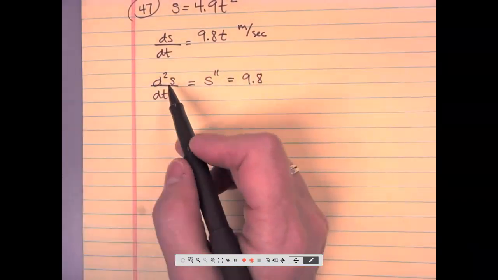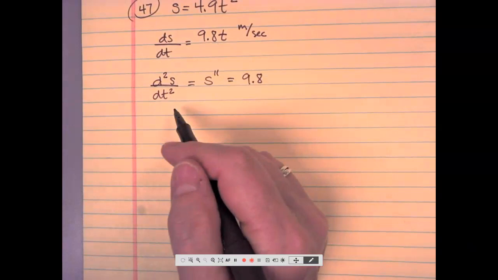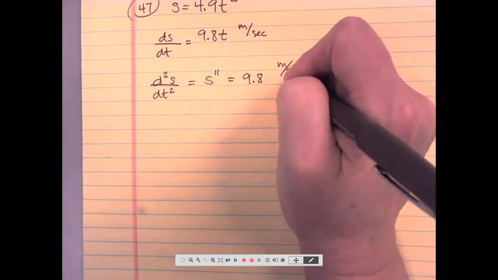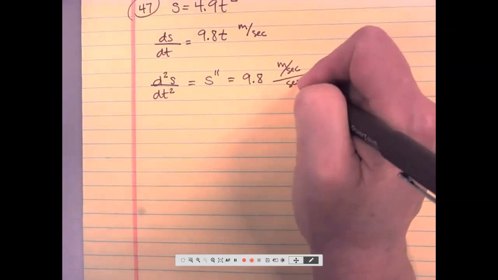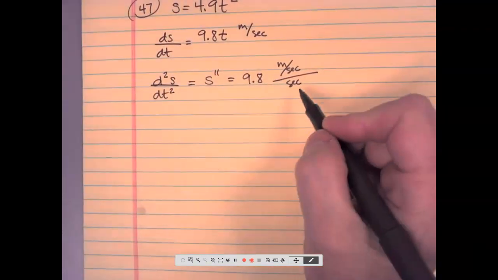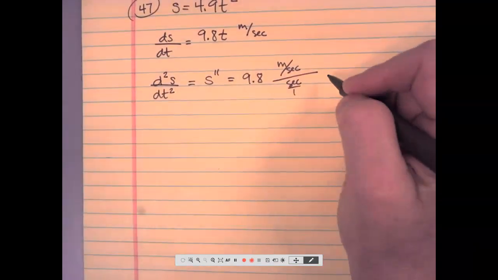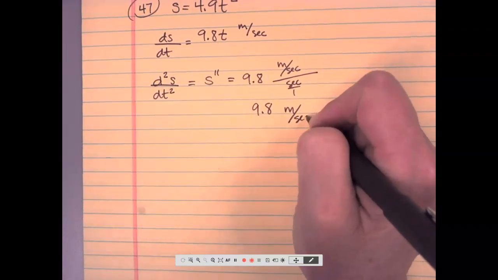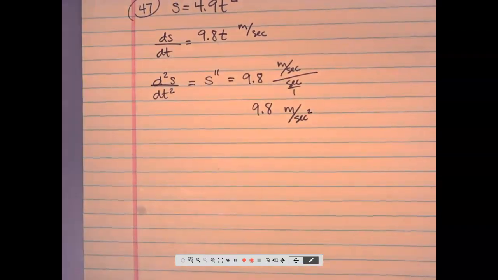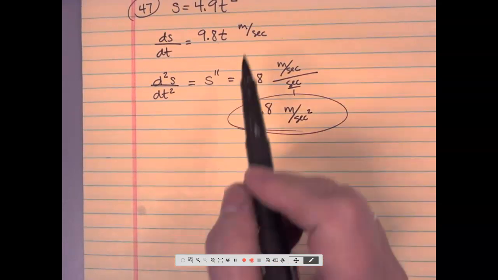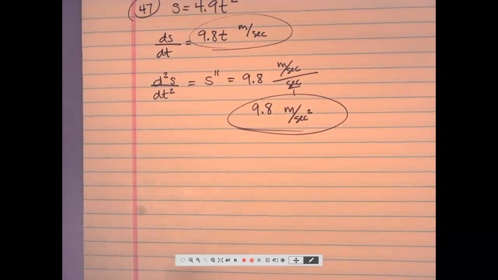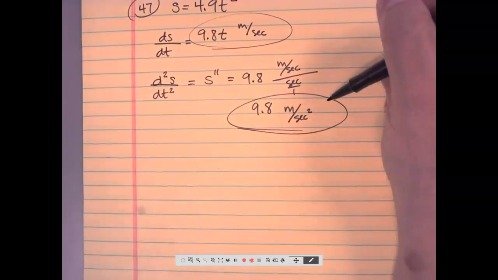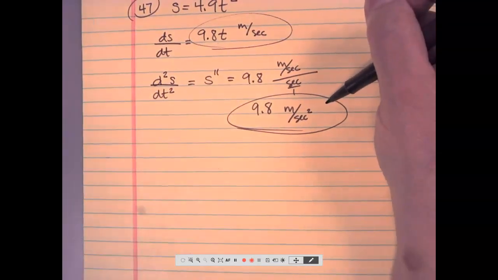Okay, the derivative is in meters per second, but then I took that with respect to time again. So it's really meters per second over 1 second. And so normally we just write that as 9.8 meters per second squared. Okay, so this would be a rate for velocity, and this would be a rate for acceleration.